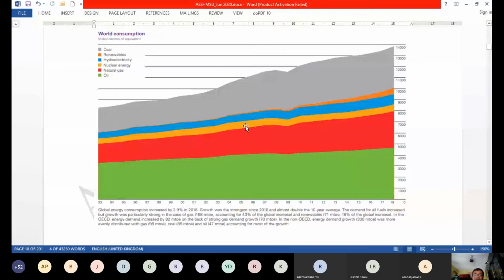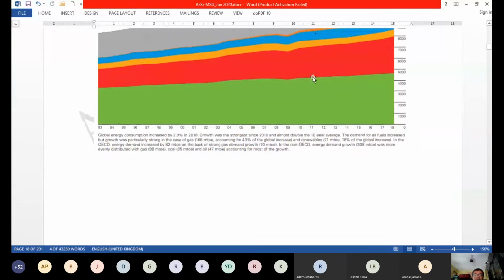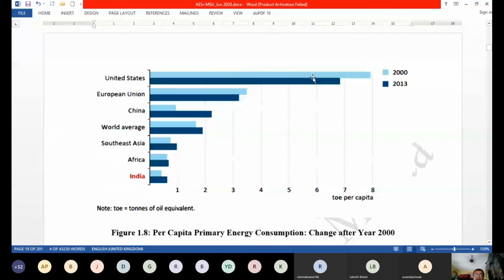Nuclear energy has a steady contribution, and hydroelectricity also has a steady contribution. Renewables are growing a bit, and coal also has a very important contribution. So this is about the percentage contribution by different sources.